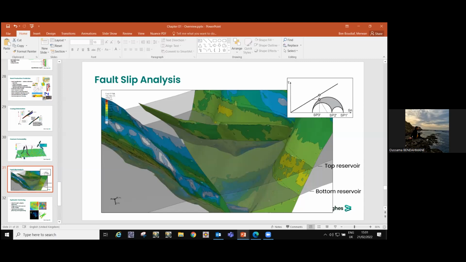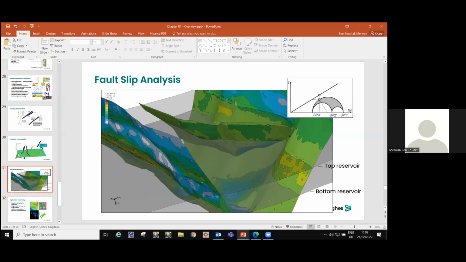Let me see if there's another question. Yeah, I found another question from Raouf Hashmi. How can geomechanics analysis contribute to the CO2 storage? Okay, so it is more or less the same response as for the EOR.